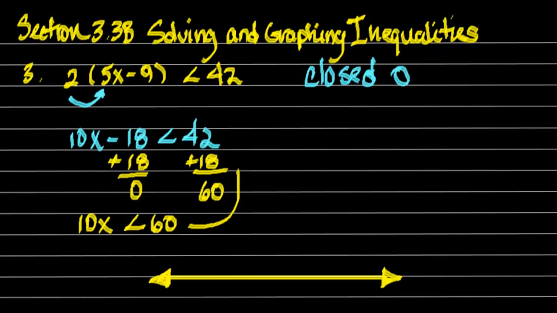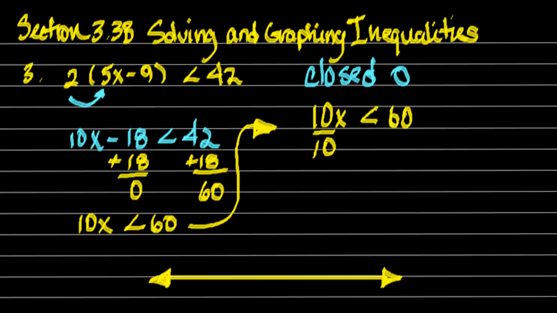So let's go ahead and finish our inequality up here. 10x is less than 60. Well, I want to change the 10 to a 1, so I write it over itself. That's another form of 1. 10 over 10 is 1.